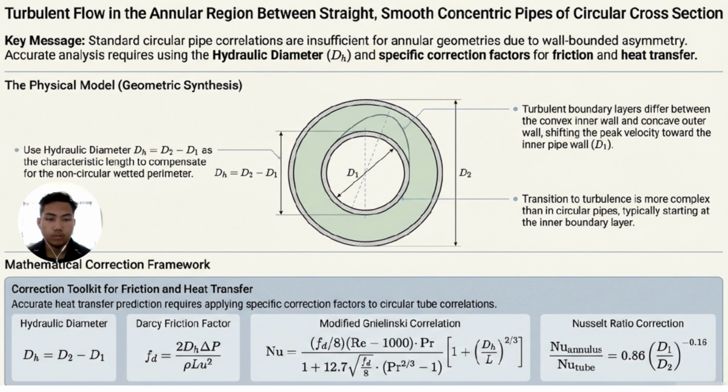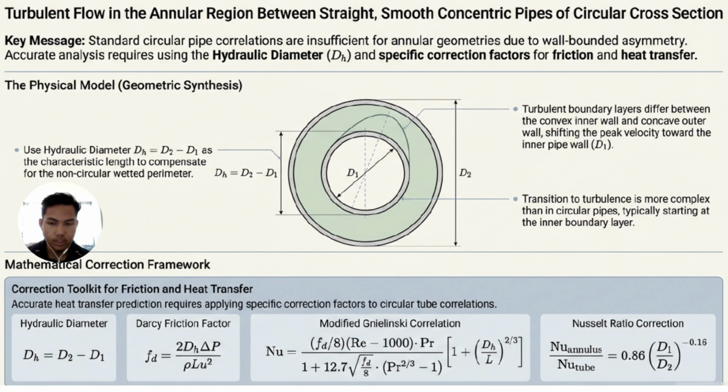So next we move to turbulent flow in the annular region between straight, smooth concentric pipes of circular cross-section. In an annulus, we deal with two distinct boundary layers, which is a convex inner wall and a concave outer wall. This asymmetry fundamentally alters momentum transport.